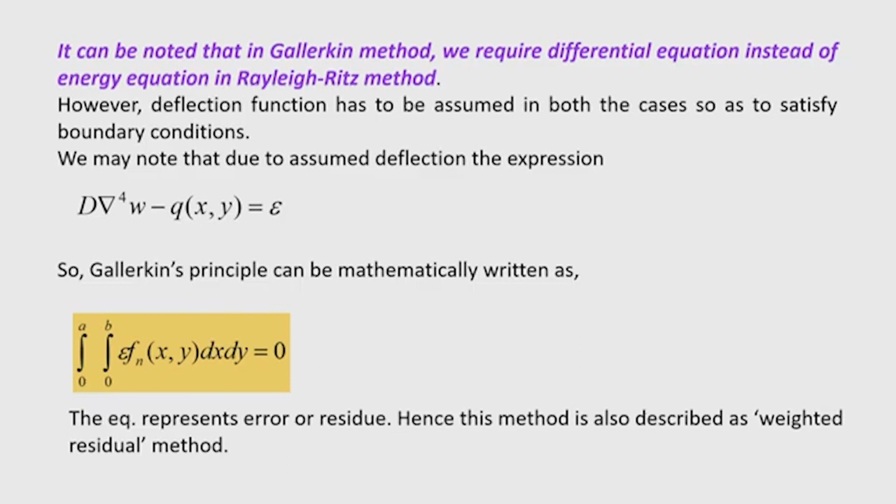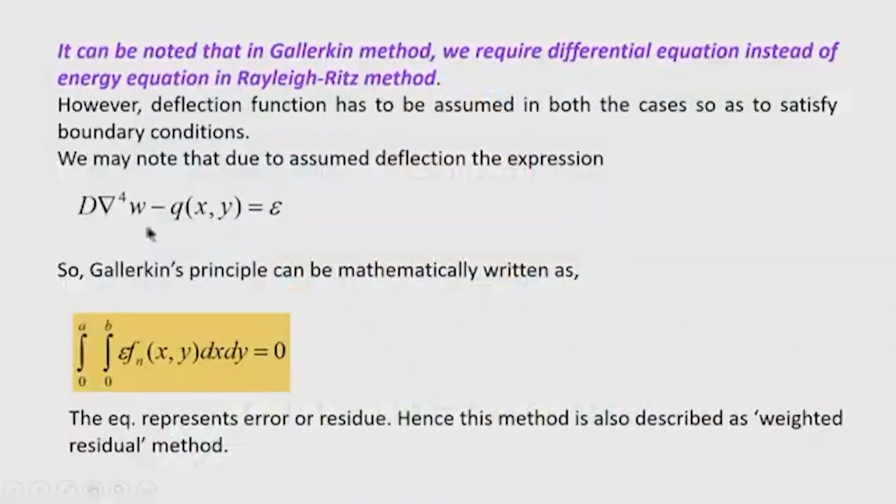The two methods have their origin in the strain energy principle, but the procedure differs, because in the Rayleigh-Ritz method we start with the strain energy expression of the plate or beam, whatever it may be, but here we require the differential equation of the plate, and we substitute an assumed trial function which is not the actual deflected surface of the plate.